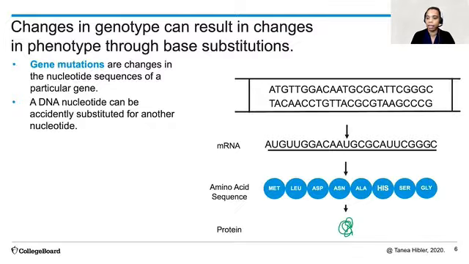If we take this G guanine nucleotide and we substitute it for an A, that's going to change the sequence of the messenger RNA, but it doesn't necessarily lead to a change in the sequence of amino acids or the protein.